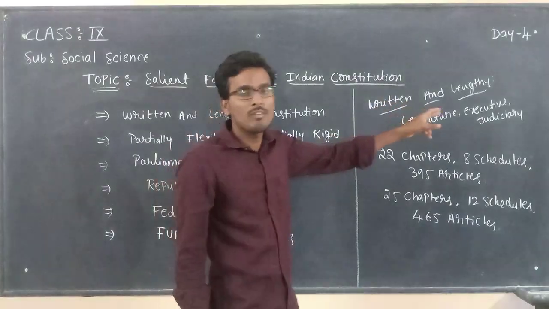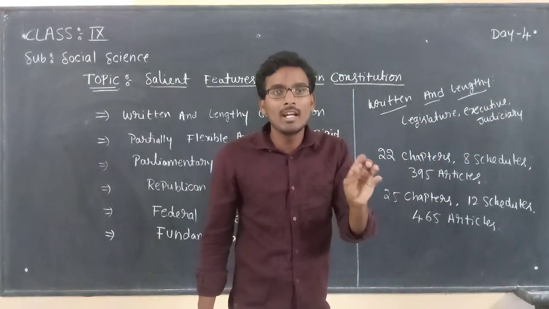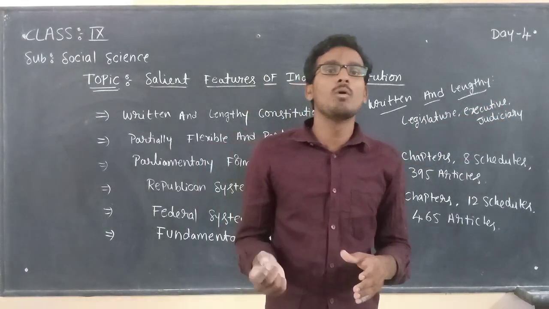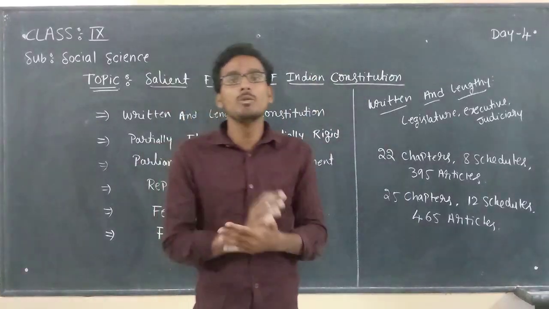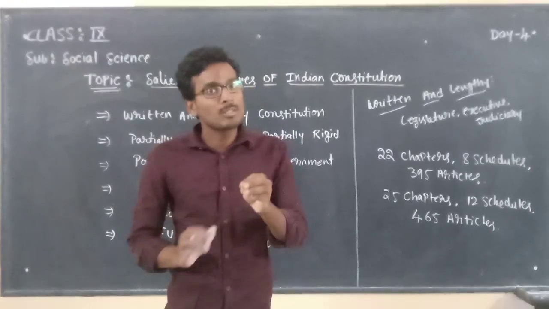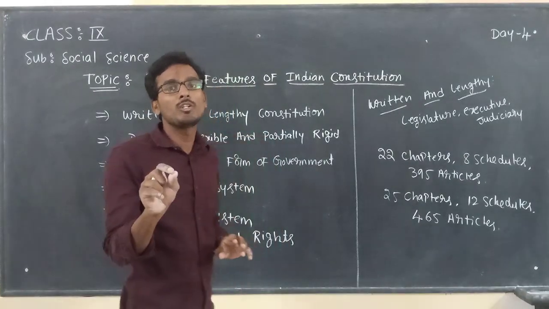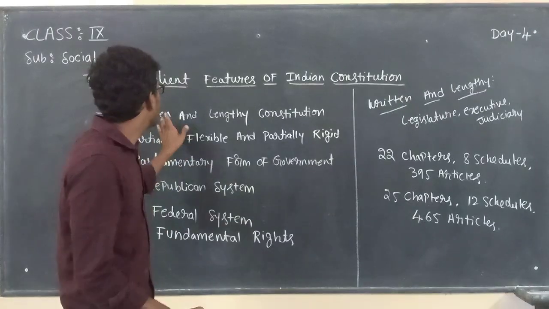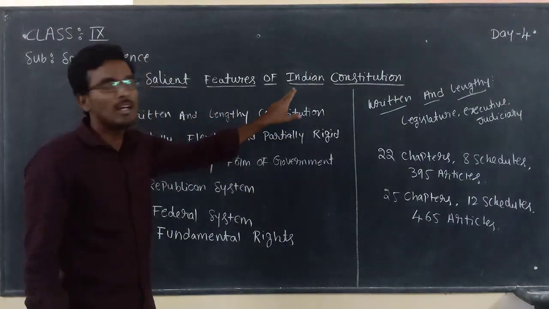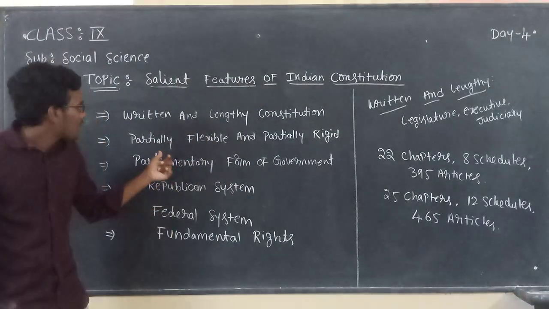The functions of legislature, executive, judiciary, and the information about fundamental rights, fundamental duties and directive principles of state policy are also explained clearly. So due to all those reasons, the first characteristic is that it is a written as well as the lengthiest constitution.